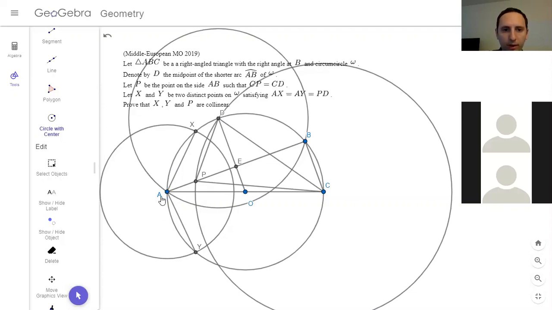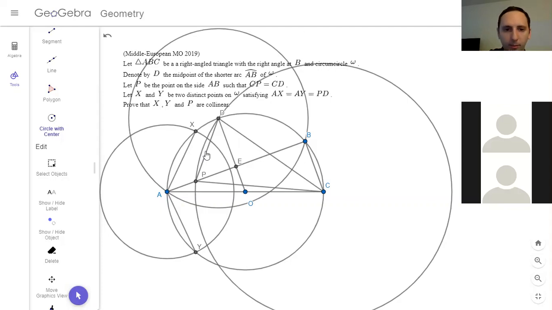So we want to show that, because wait, PD is equal to AX. Let me do the algebra here. If we want to show P has the same power with respect to these two circles, that's the same as saying AB squared minus PD squared is equal to PD squared minus PA squared.